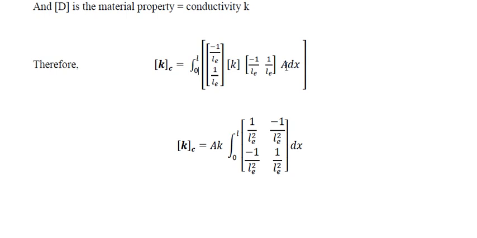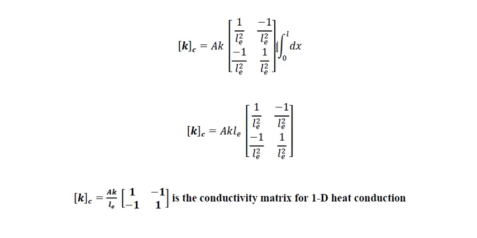So this A and this K are taken outside, and the two matrices are multiplied, and the multiplied value is written here: 1 by L square, minus 1 by L square, minus 1 by L square, 1 by L square. That multiplied value is also taken outside because there is no x term here. So it is the integration from 0 to L of 1 dx.